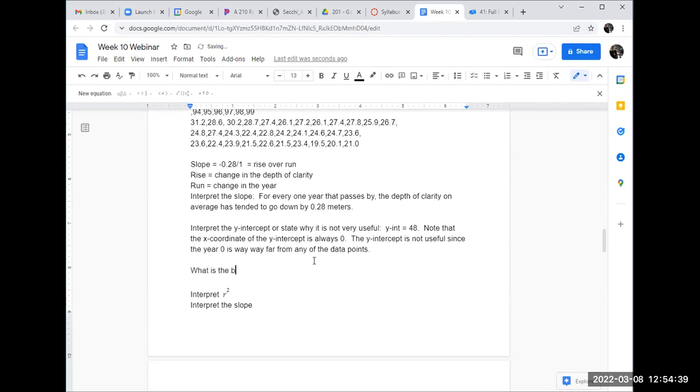What is the best prediction for the lake clarity today? How do we come up with that? How do we make a prediction, the best prediction for the lake clarity today?